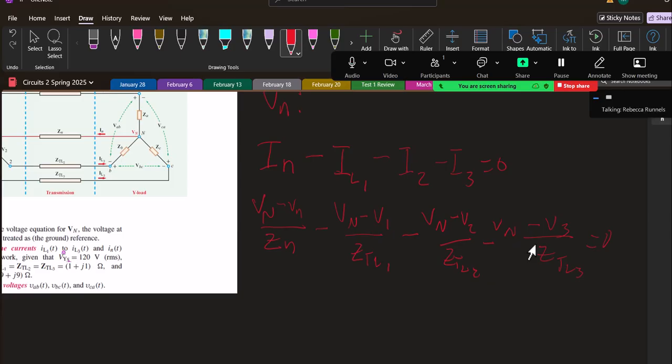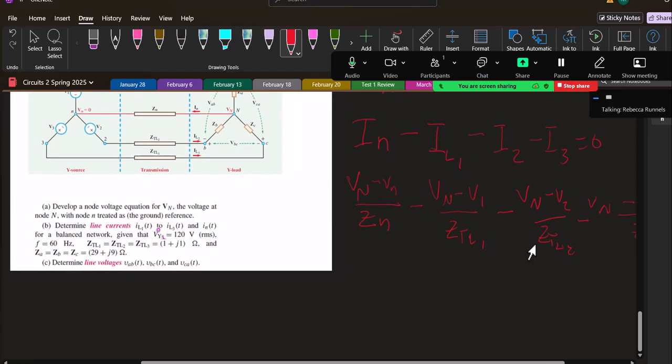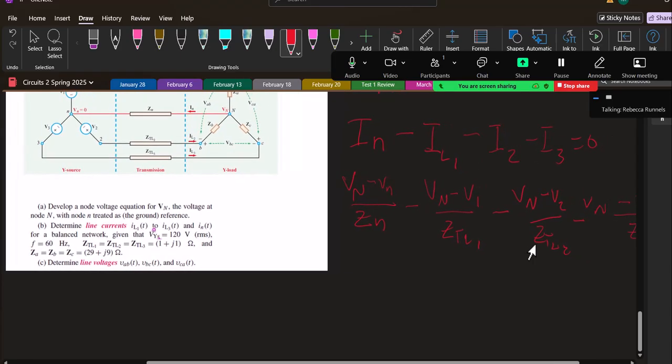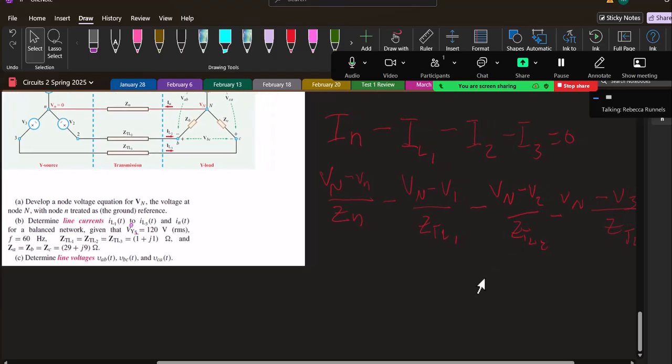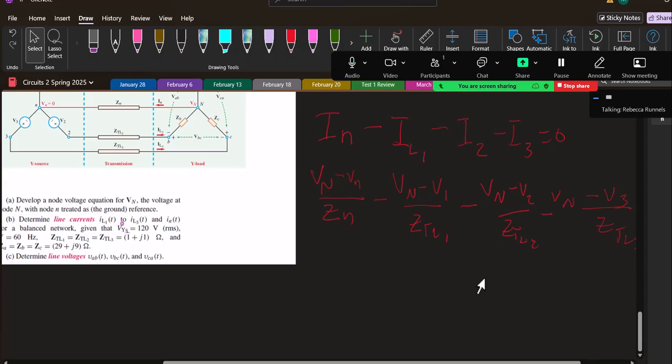All right, so now if we have a balanced network, we are now going to try to determine what the line currents are.